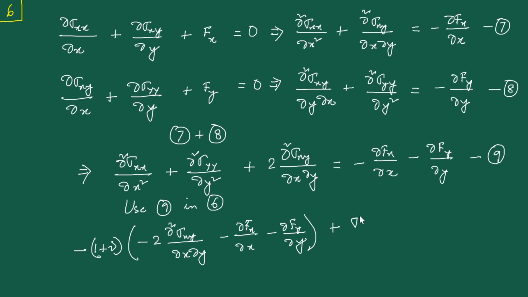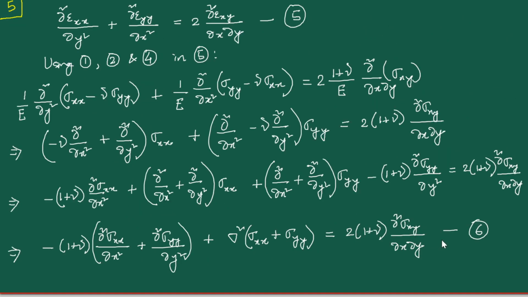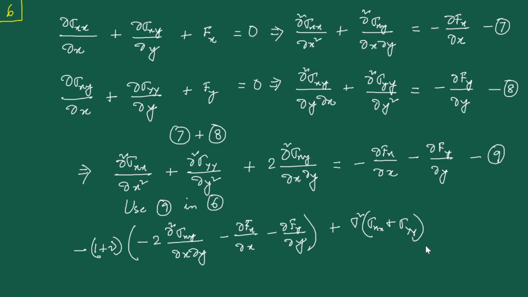So the Laplacian of sigma xx plus sigma yy, and on the right hand side of equation 6 I have this term twice 1 plus nu del square sigma xy del x del y.